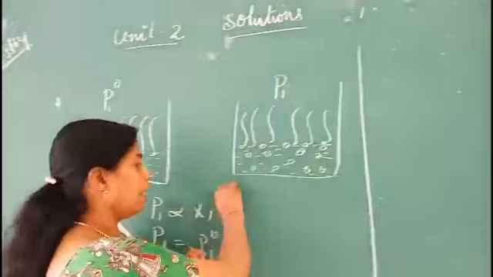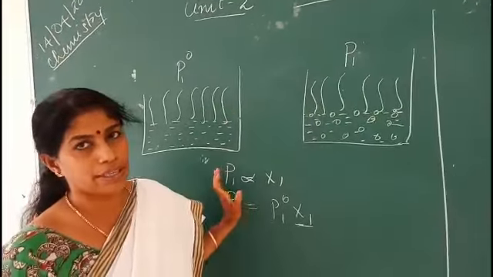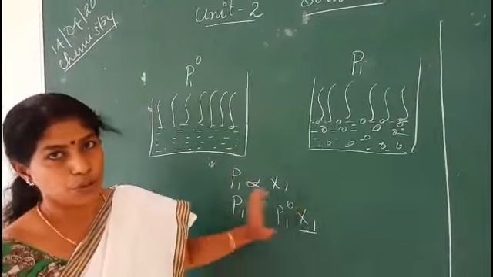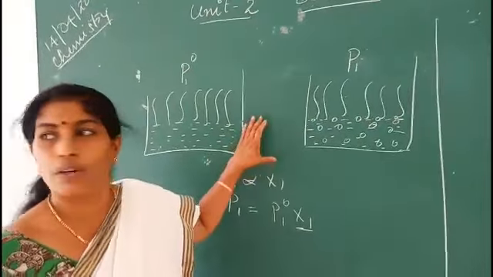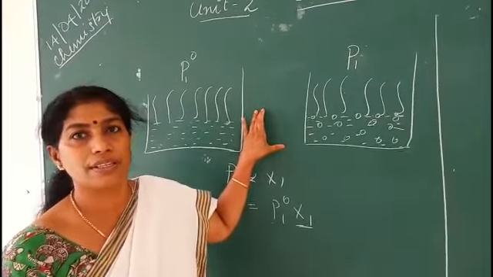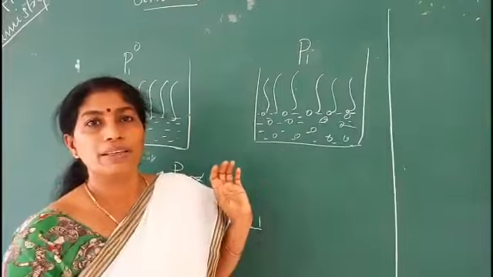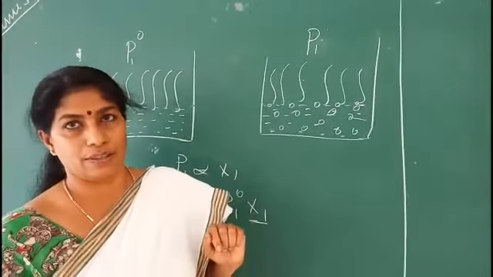If we take a liquid mixture containing two volatile components, P1 is equal to P1 naught X1 and P2 is equal to P2 naught X2. If a liquid obeys Raoult's law for all compositions, then it is known as an ideal solution. If it does not obey, it is known as a non-ideal solution.